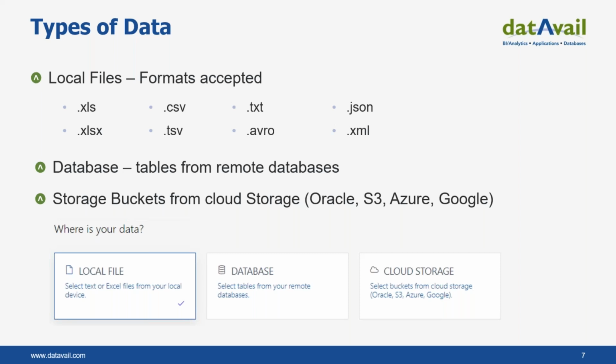And this is just for loading flat files, as I said. You can also connect to external databases to load data. And then finally, you can connect to storage buckets from the cloud, other cloud services, or even Oracle Cloud Services, but also including Azure, Google, and Amazon.